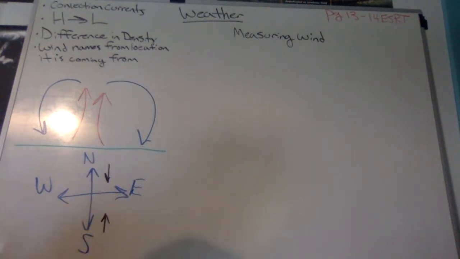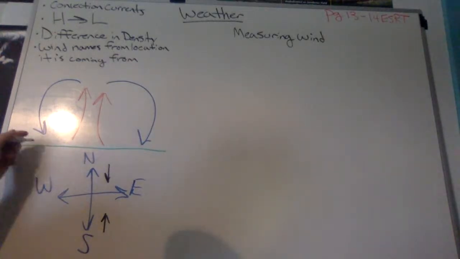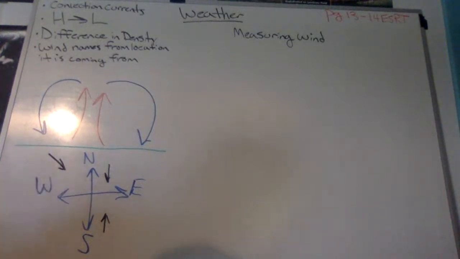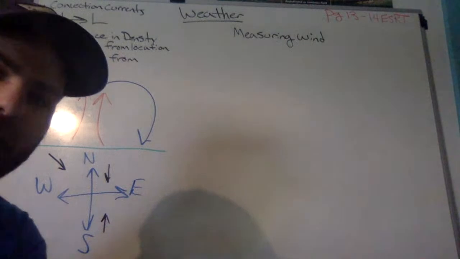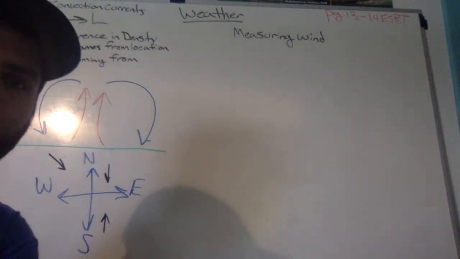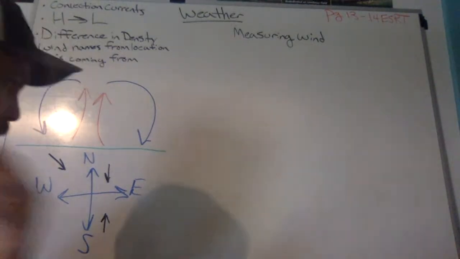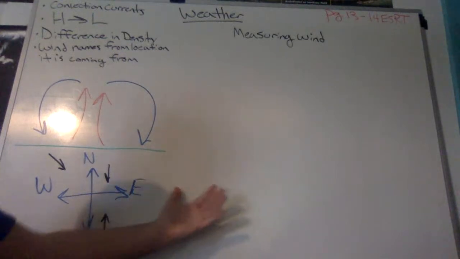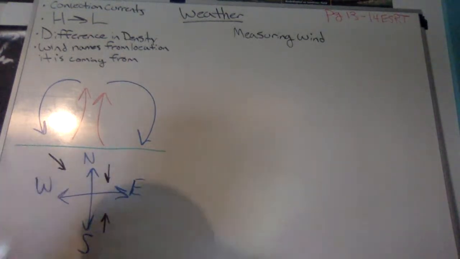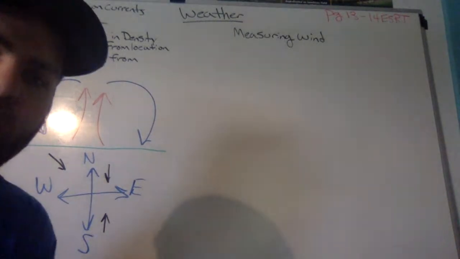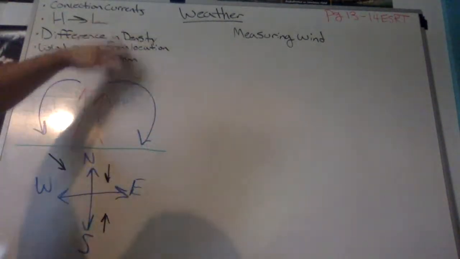If it's a northwest wind, it means it's coming from the northwest. Where we live, we know that Montauk is out east. If there was a wind coming across, we'd say it's an east wind coming from Montauk to us. That was just some of the stuff that we're going to be going over.